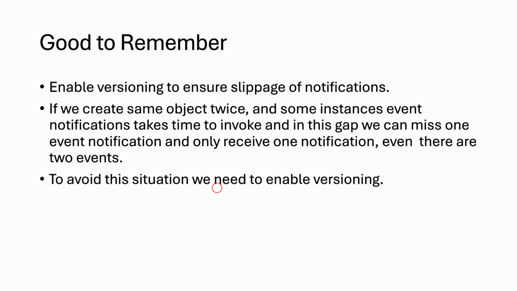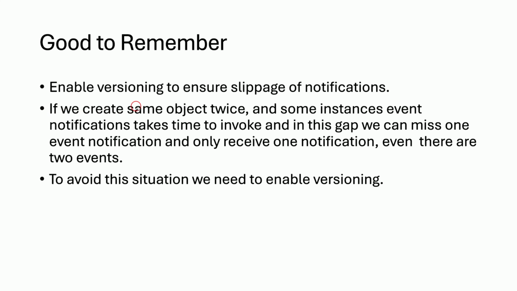First thing, we need to enable versioning to ensure no slippage of notifications. What is the slippage of notification? Why do you need to enable versioning? If you do not enable versioning, there will be some problem. What was the problem?